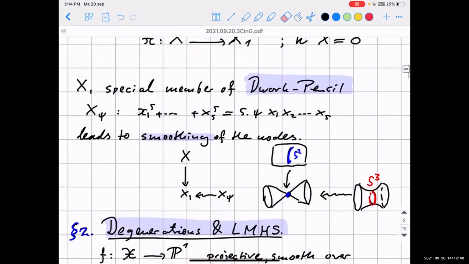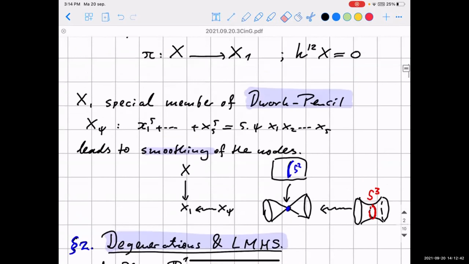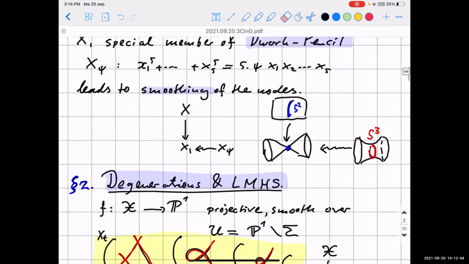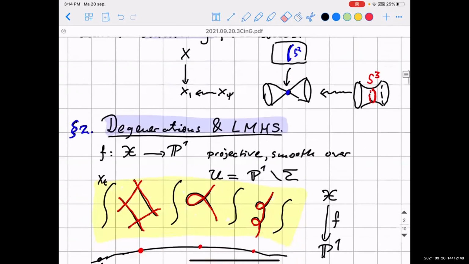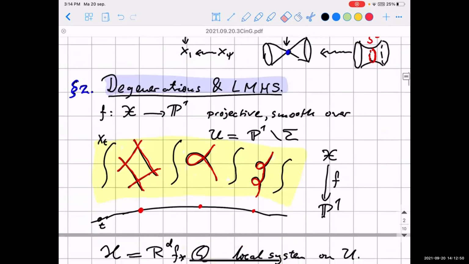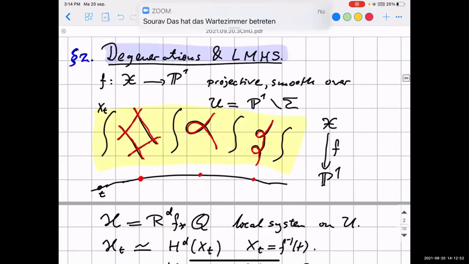So now to understand a little bit more about what I'm going to tell, let me recall some basic facts about degenerations and limiting mixed Hodge structures. So I've here drawn the classical caricature of a family of varieties with degenerations.